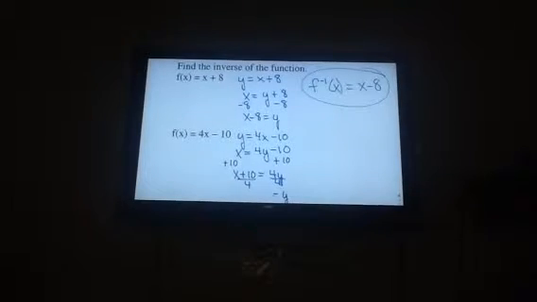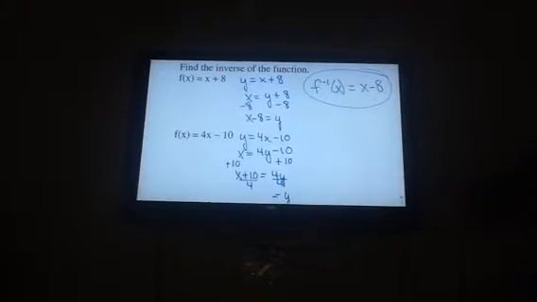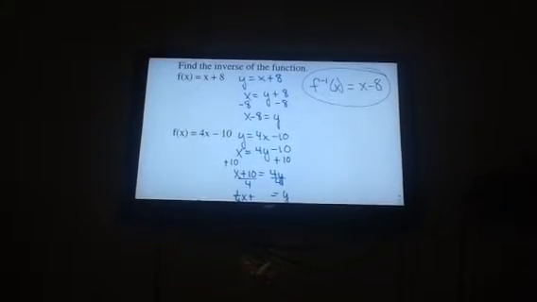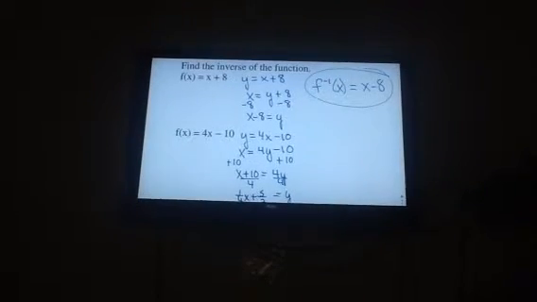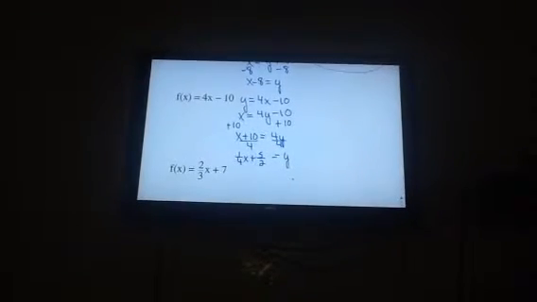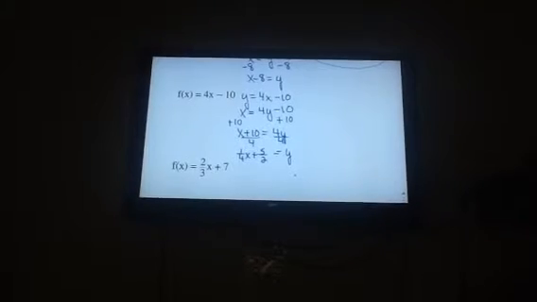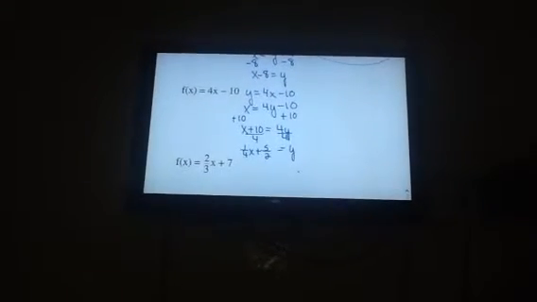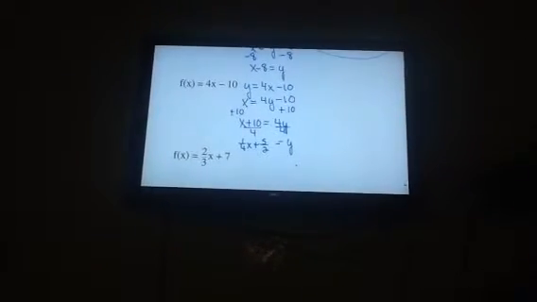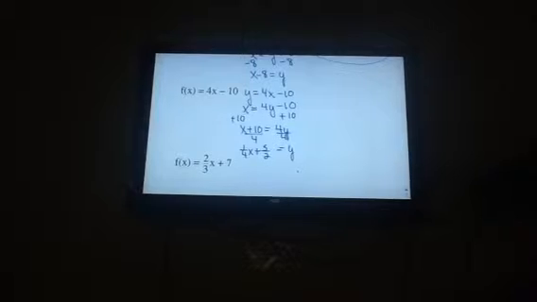And y equals, how do I want you to leave this? I really don't have a preference. I myself would make it 1/4 x plus 5 halves. But honestly, I don't even care if you left it x plus 10 over 4. I would go ahead and do the divide by 4 myself and make it 1/4 x plus 5 halves. However, I wish I knew what the next teacher would expect you to do.